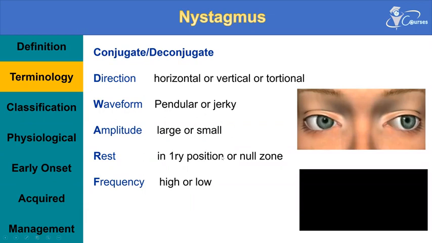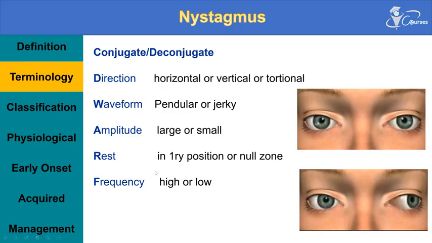Both eyes move together in the same way, at the same speed, in the same direction, at the same frequency. If they are different from each other, we call it disconjugate, like this.